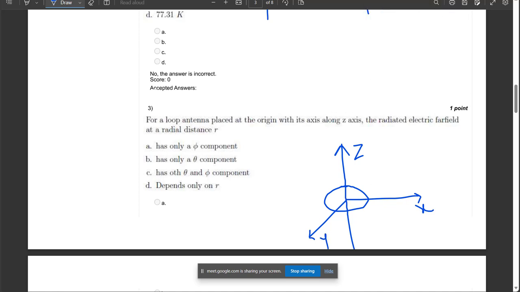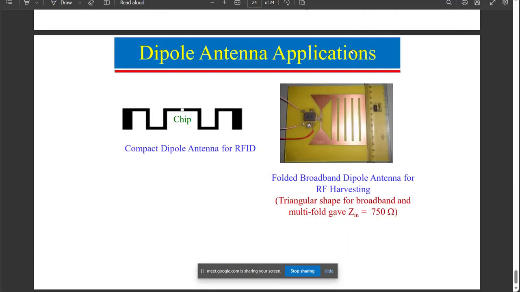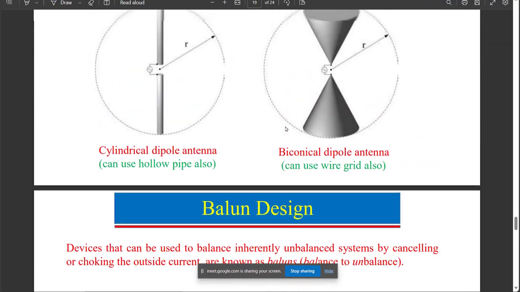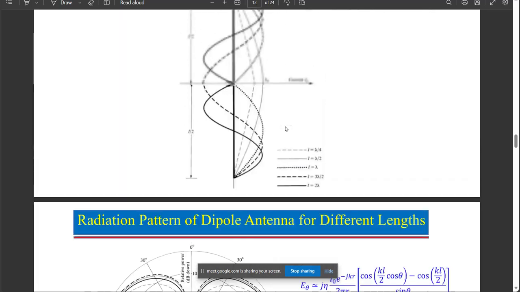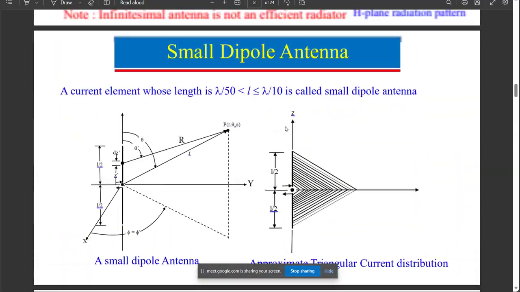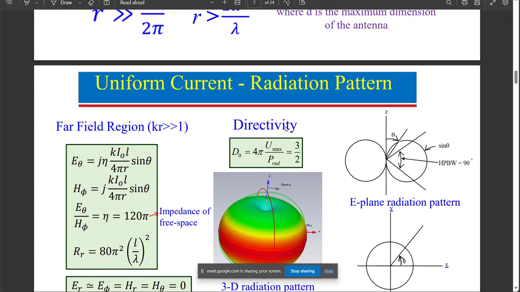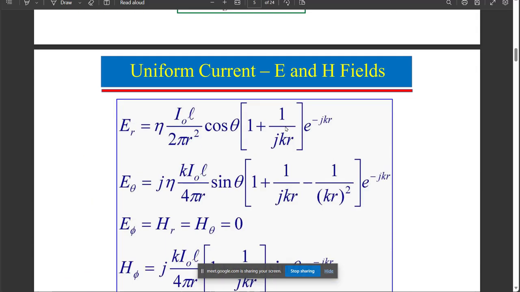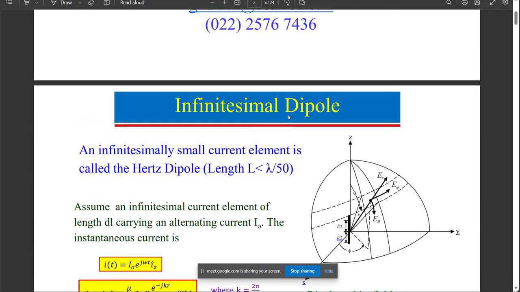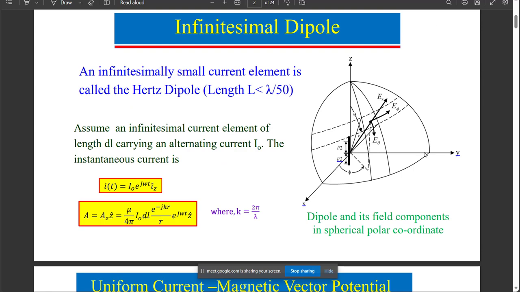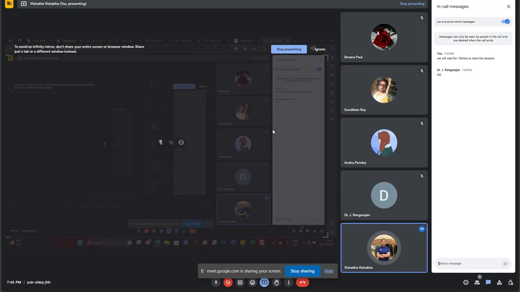If you take it in terms of phi and theta in spherical coordinates, this will be the xy plane, this will be phi and this will be theta.